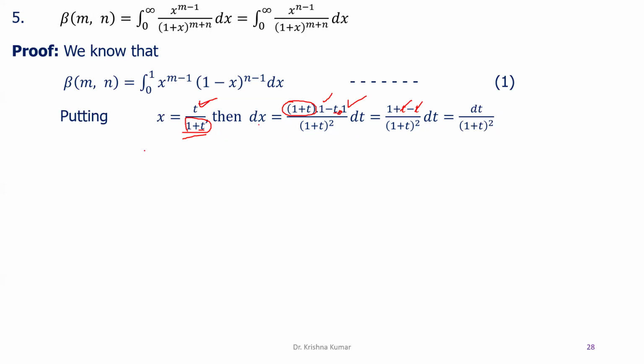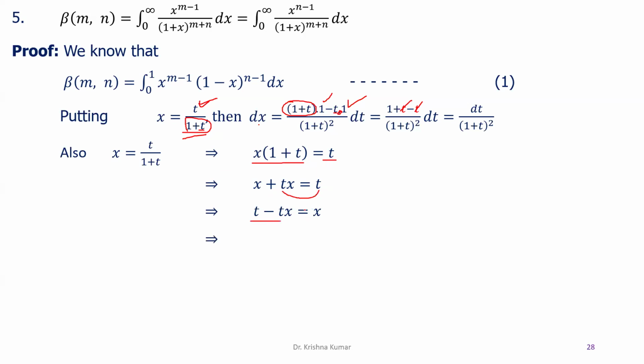Okay, what will happen if we change the limit? If x is equal to t upon 1+t, then x times (1+t) is equal to t, which can be written as x + tx = t, or t - tx = x. If we take t outside, then t times (1-x) is equal to x, and t is equal to x upon 1-x.